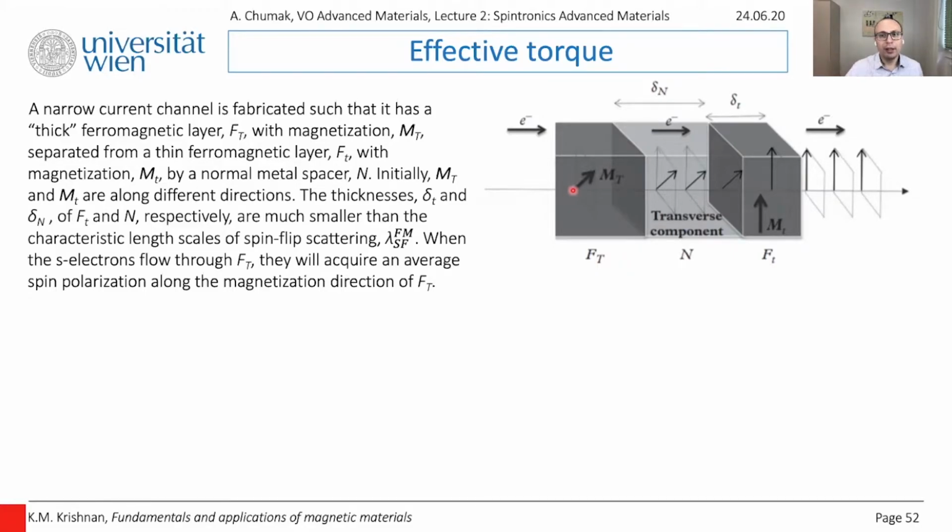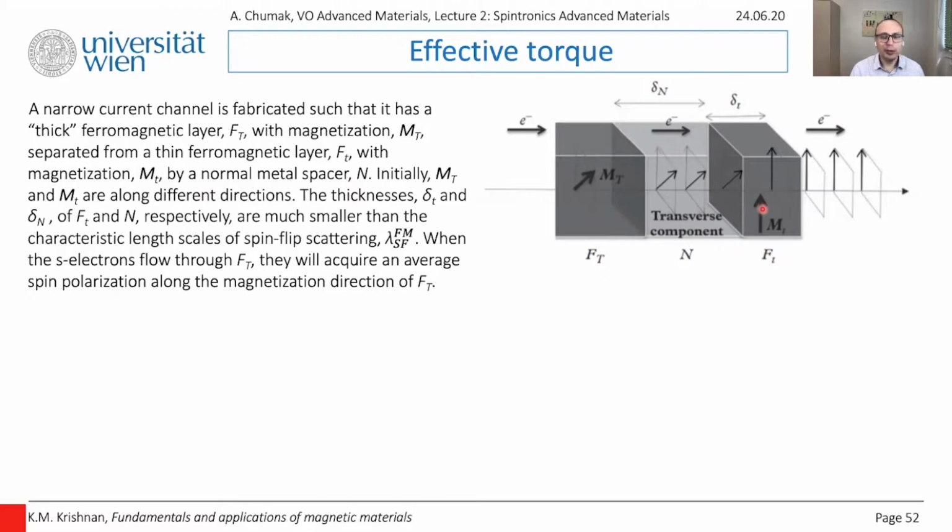And then we have here N material, which stands for the normal metal spacer, as we discussed. And T small stands for the thin magnetic layer. Again, why thin? Because this magnetic layer, as opposed to the thick one, we want to have flexible.